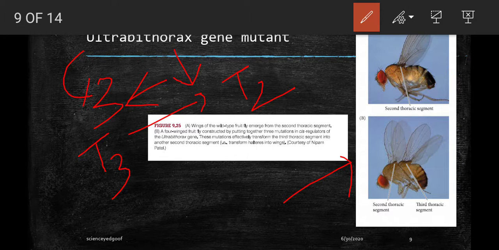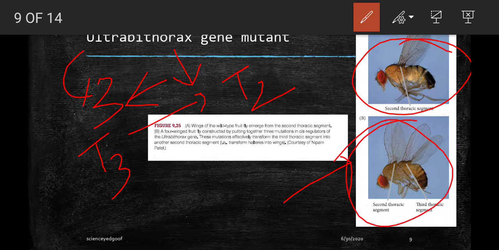When this Ultrabithorax gene is mutated and the third thoracic segment is converted into the second thoracic segment, the halter is absent. Instead of the two wings, it will have two pairs of wings. You can see four wings. So that is about the Ultrabithorax gene.